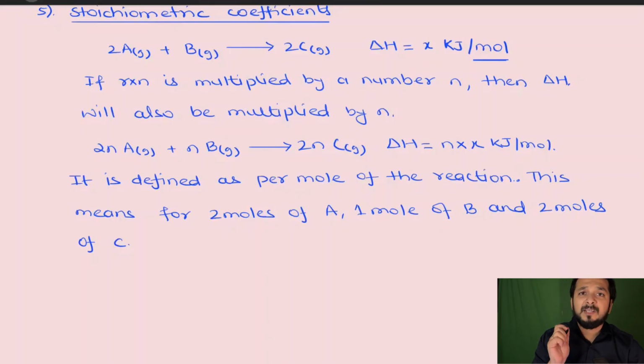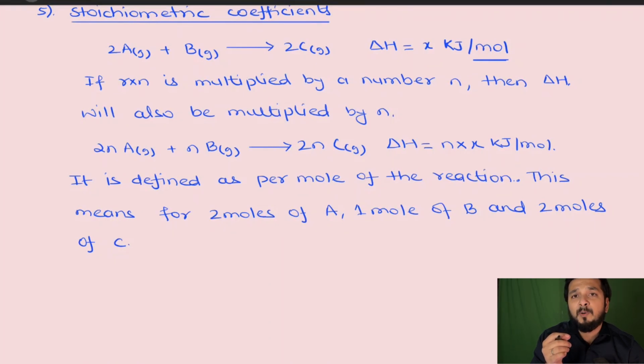So these are the factors which affect the heat of reaction. I hope you have understood the basics of thermochemistry, what is heat of reaction and what are the factors which affect the heat of reaction. So let's keep it till here in the first part of this lecture. In the coming lecture, we'll be discussing the Hess law.